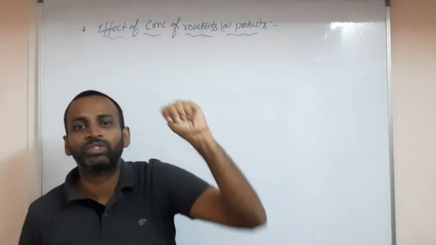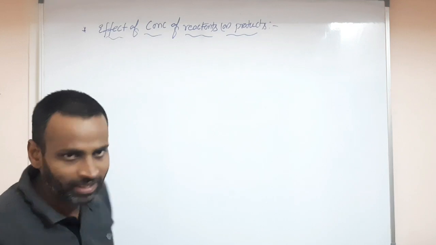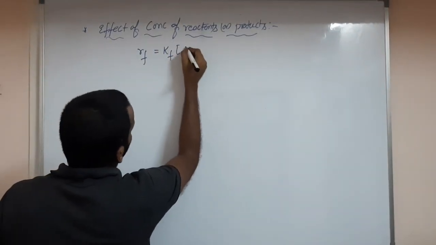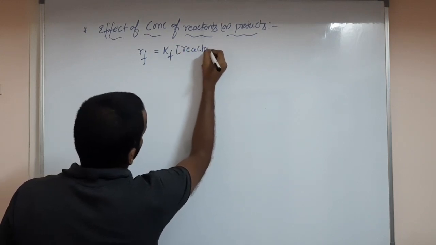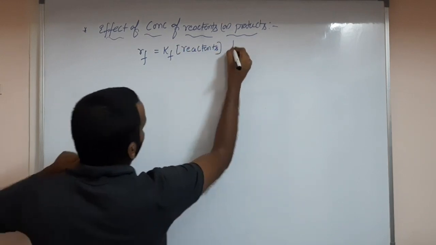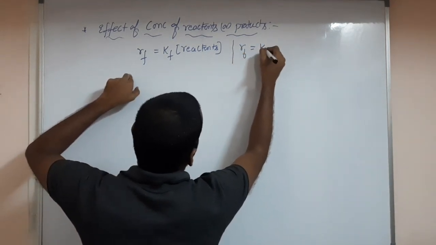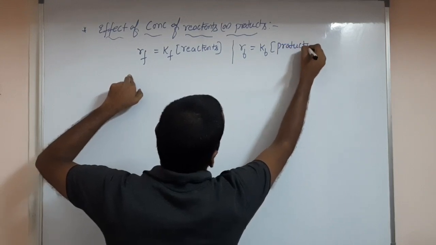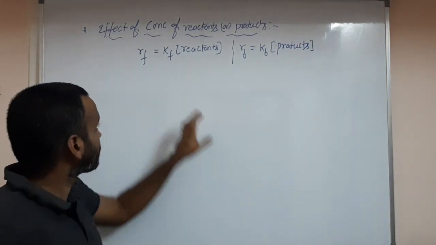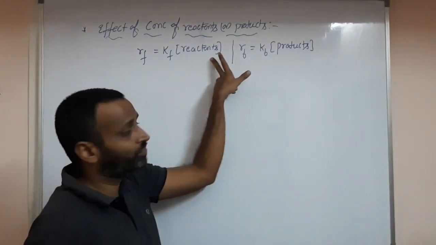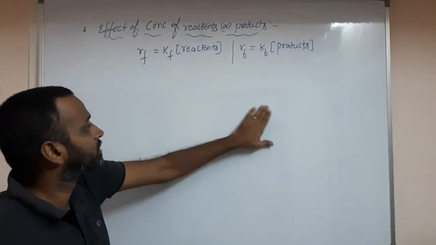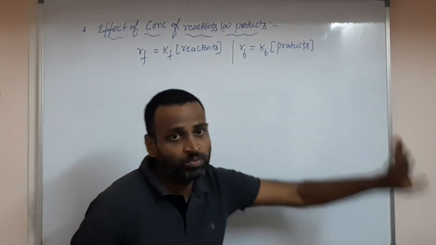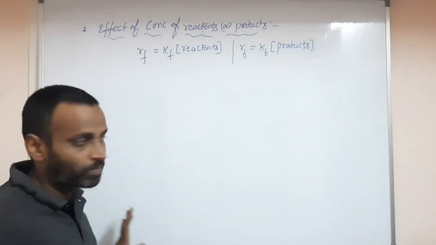It is very clear: rate of forward reaction equals Kf into concentration of reactants, and rate of backward reaction equals Kb into concentration of products.